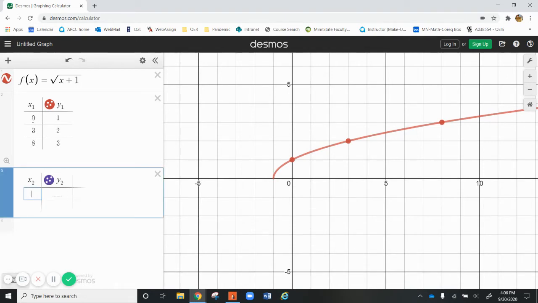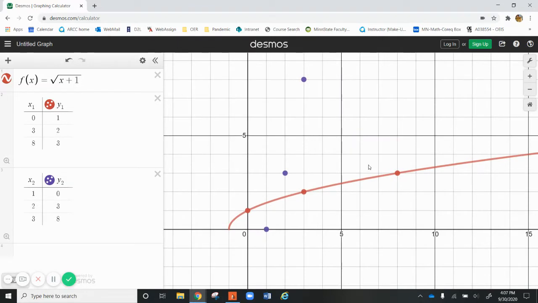So instead of having x is 0 and y is 1, my inverse function should have x is 1 and y is 0. So that point should be on the graph of the inverse. Then the next point, (3, 2), is going to swap around to become (2, 3). That should be on the graph. And the third point there, (8, 3), should swap and become (3, 8). That should be on the graph.